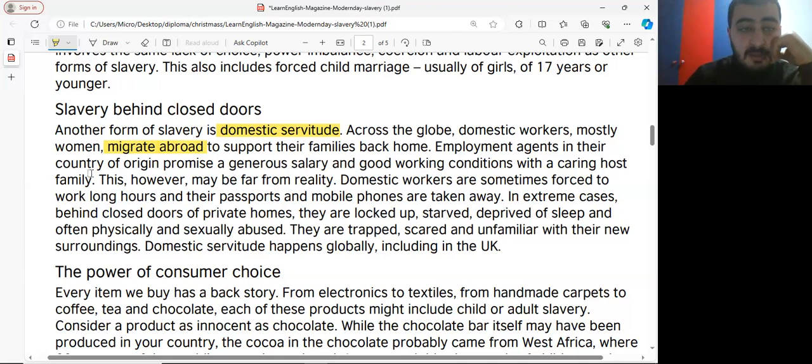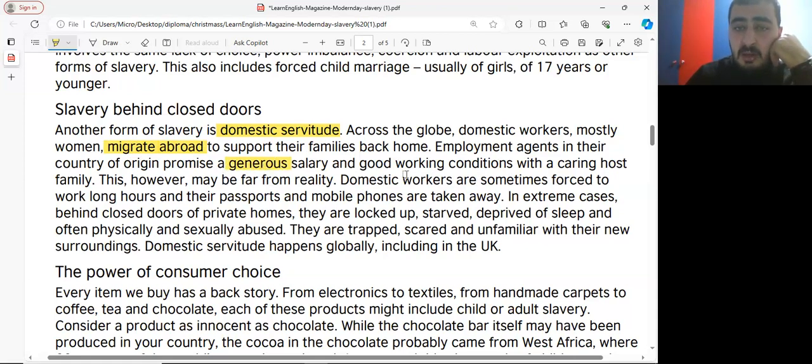Employment agents in their country of origin، شركات التوظيف بتوعدهم, promise a generous salary. Generous كريم سخي.